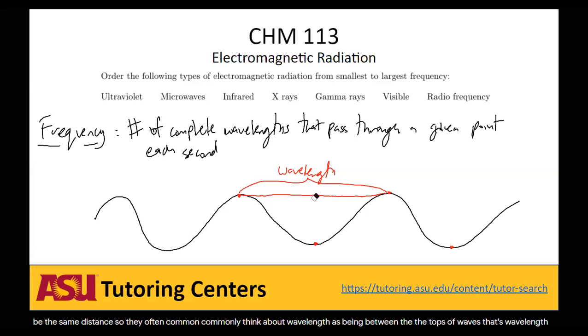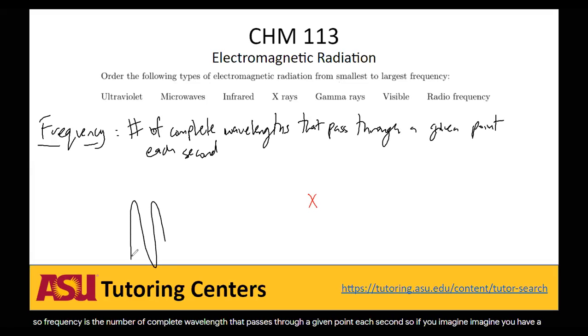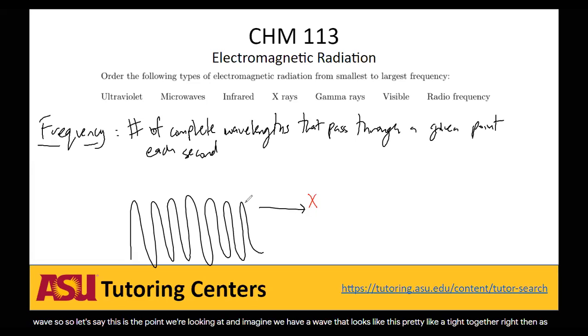So if you imagine you have a wave. Let's say this is the point we're looking at. And imagine you have a wave that looks like this. It's pretty tight together, right? Then as this wave moves through this point, in 1 second, you might have this wave, this wave, this wave, this wave, this wave, and that wave.